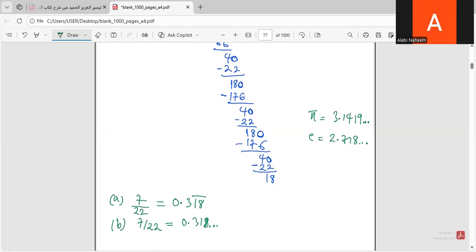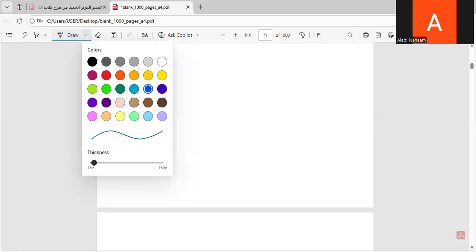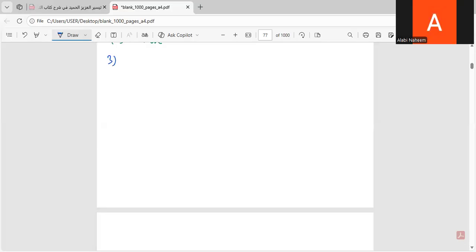The fourth question is 5 over 21. You see 21 has 2 prime factors, 3 and 7.